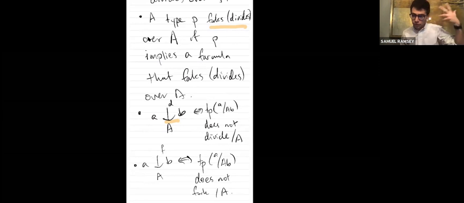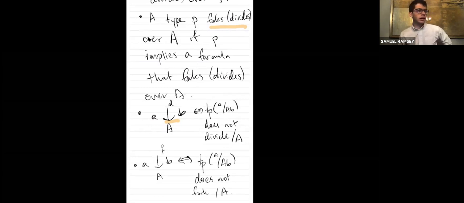Now, the way that you think about this independence relation is what this is saying is that a is independent from B over capital A if, using B as a parameter, I can't learn any new interesting information about little a. What do I mean?